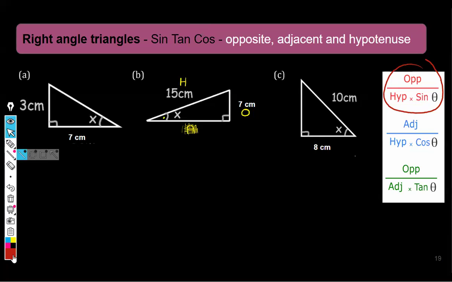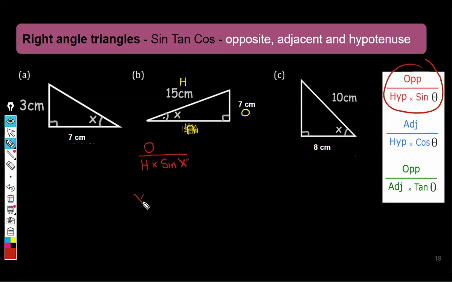So we said it's the red formula. So it's opposite equals hypotenuse multiplied by sine theta. Now the name of the angle is x, so it doesn't matter if you put x or theta here. Since we're trying to find the angle, we're trying to find x.